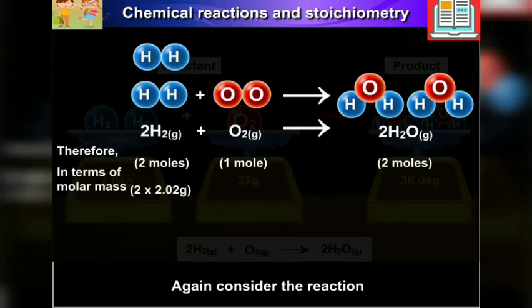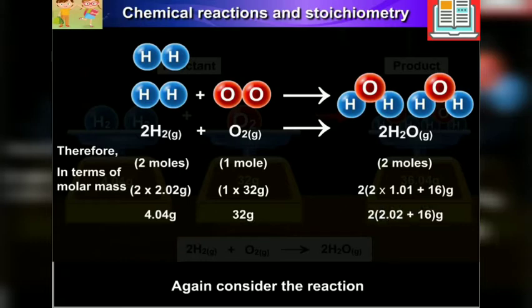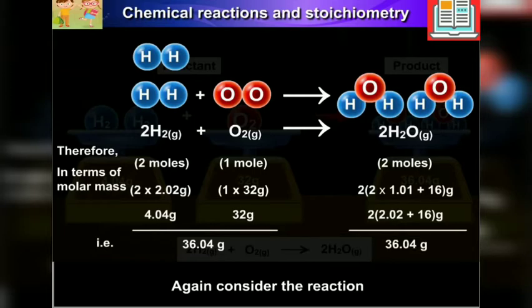2 multiplied by 2.02 grams plus 1 multiplied by 32 grams gives 2 into whole bracket 2 multiplied by 1.01 plus 16 grams. 4.04 grams plus 32 grams gives 2 into whole bracket 2.02 plus 16 grams gives 2, that is, 36.04 grams of reactant gives 36.04 grams of product.